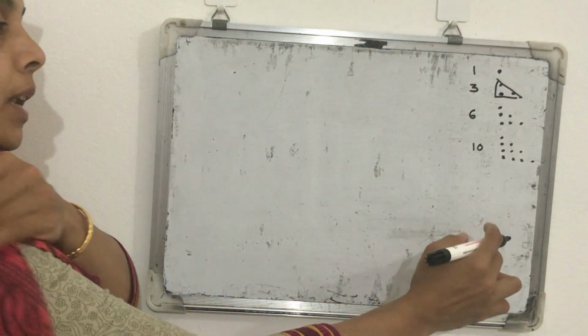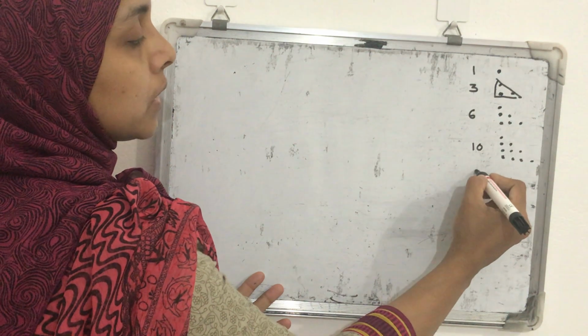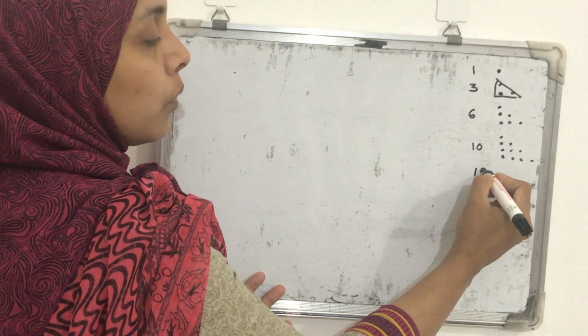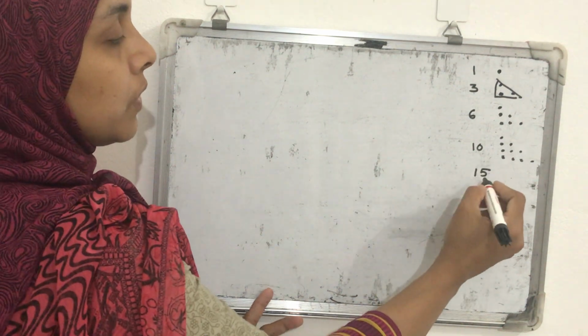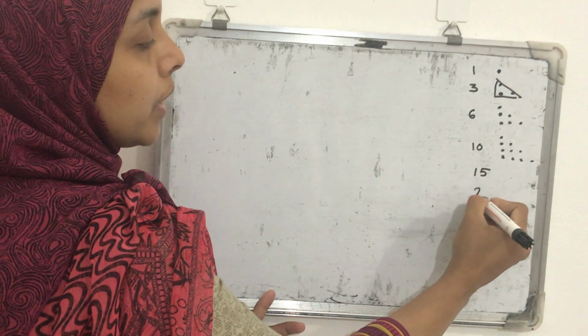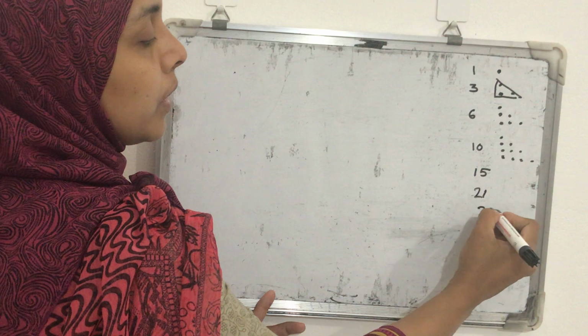If you form it like this, next also we will get the next number. We have to draw 15 dots. Next will be 21. Next is 28.